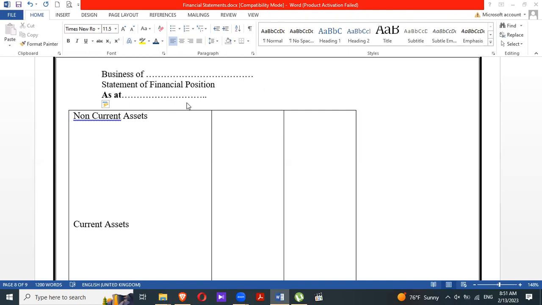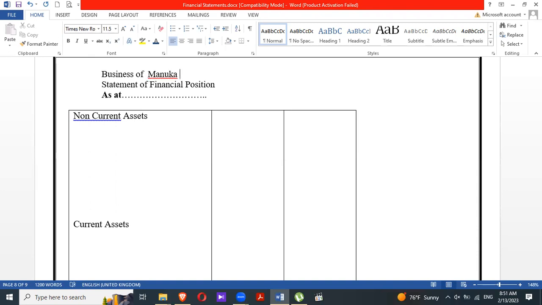At first, we have to write the name. Look at the way of writing the name. In the first line, I have given business of. That means you have to enter the name of the business. Let's assume this business name is Manuka, business of Manuka.